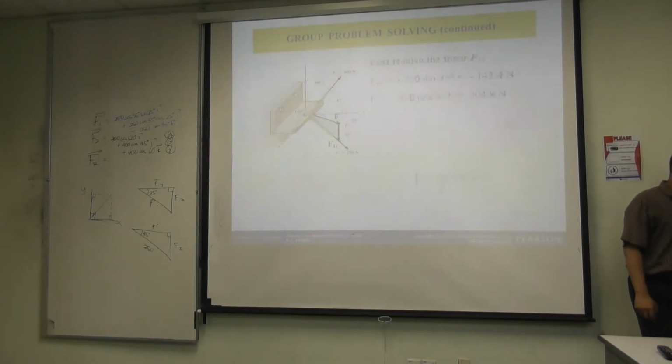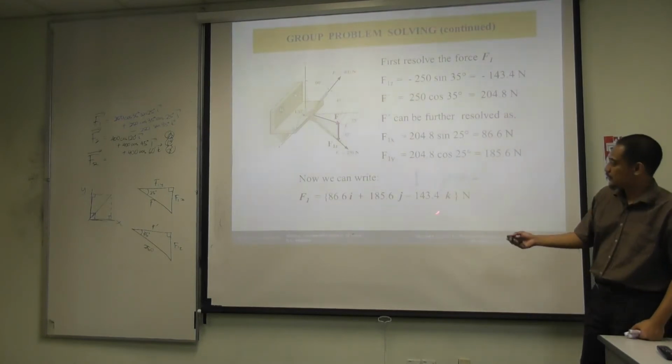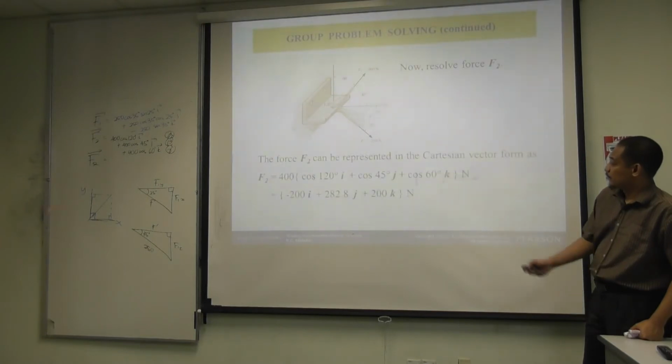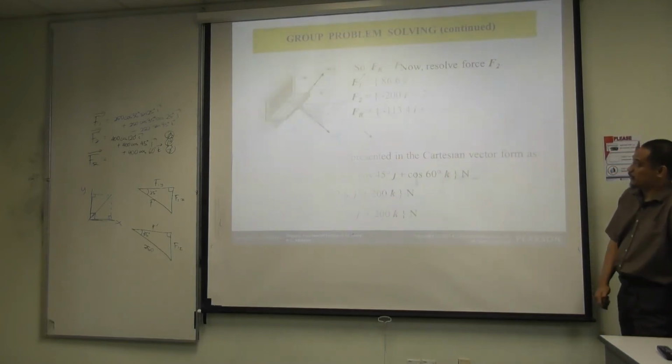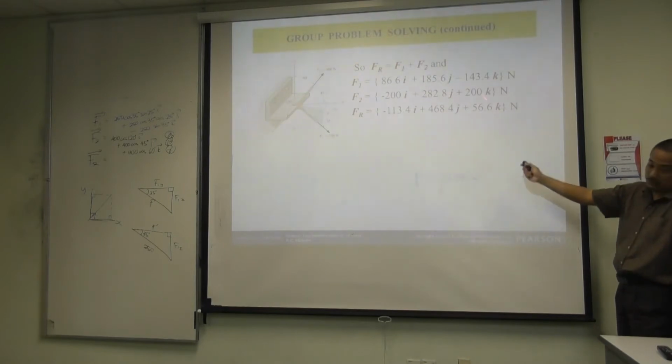Okay, so if you already get that, F1 you should get this value here. F2 is simply cos alpha, cos beta, and cos gamma. You get this value here. So if you already get F1 and F2, FR is simply adding the components.